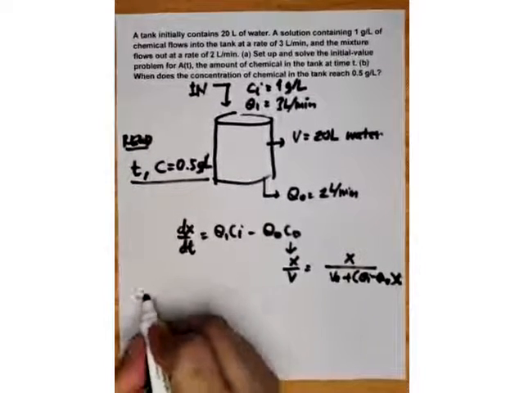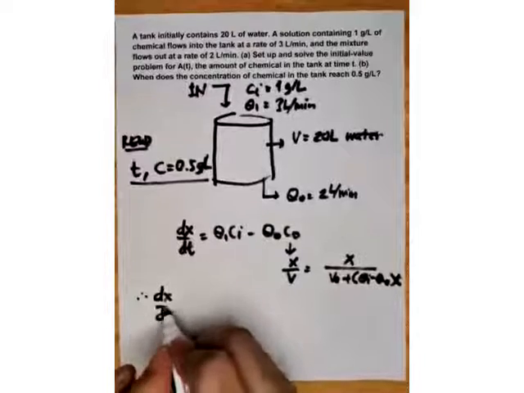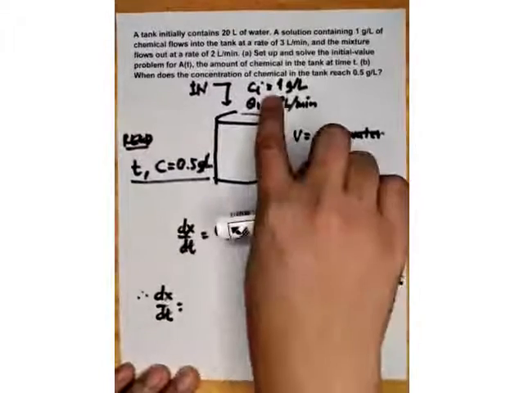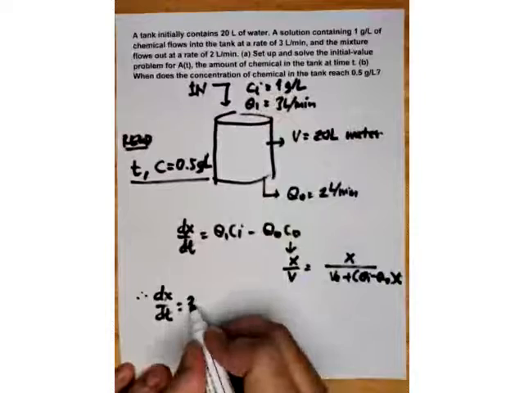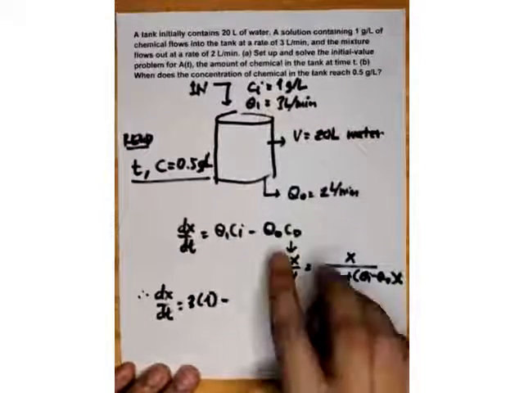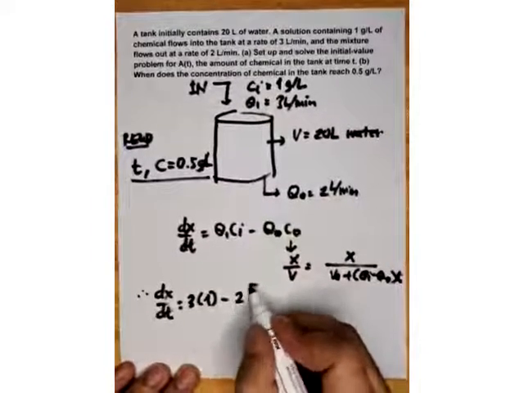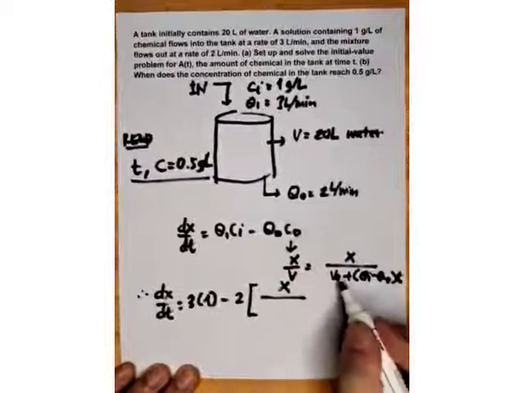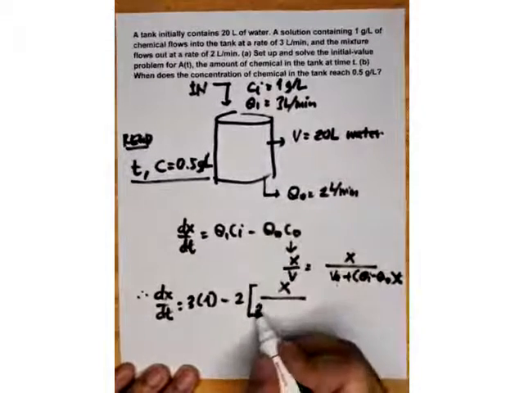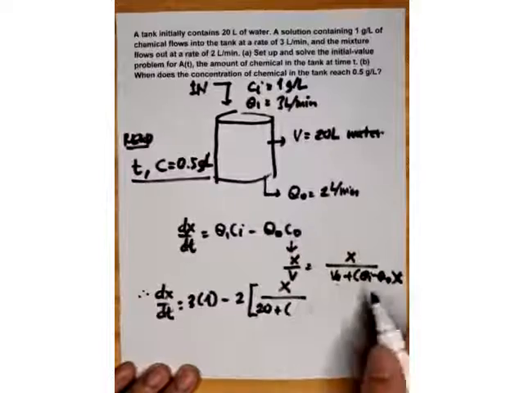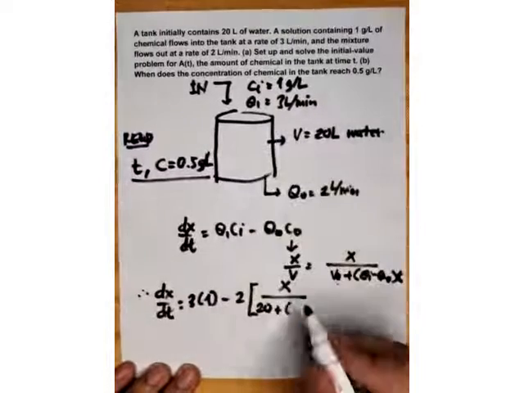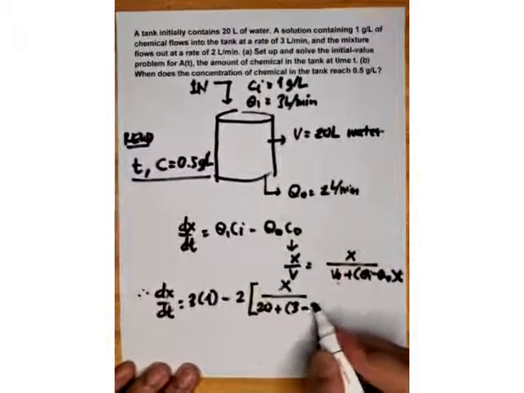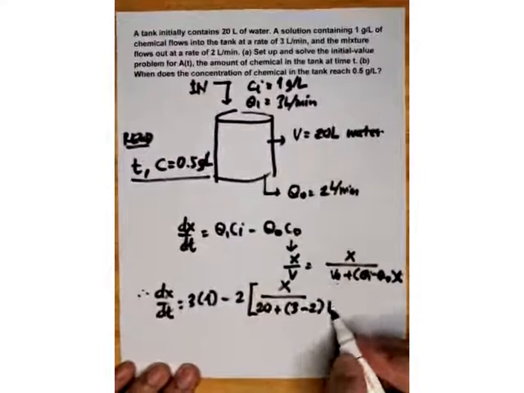So, therefore, dx over dt is equal to, yung qi natin ay 3 times 1 minus yung qo natin is 2 times x over, what's our volume initial? So, volume is 20 plus 3 minus 2 t.